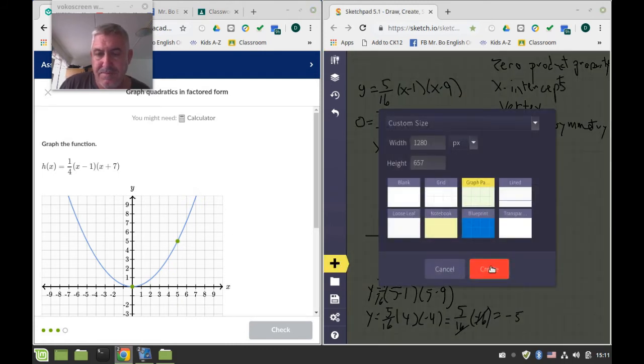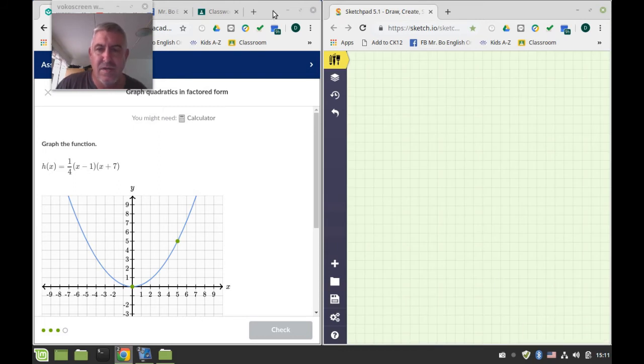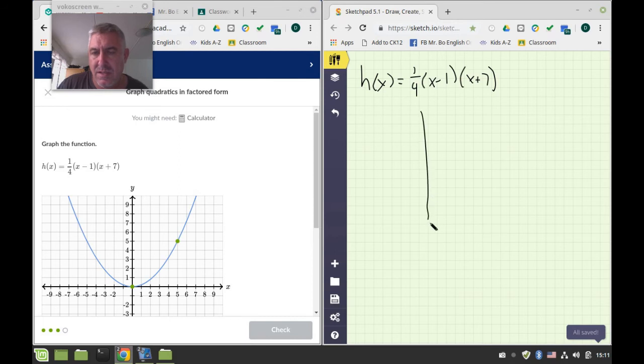Question number 2 here. Now we don't have a y function. Now we have an h function, h of x, but it's going to look the same way. The way to solve it is the same way. It's just function notation, right? (x minus 1) and (x plus 7). I want to find the x-intercepts, so I want to find out where y equals 0, or in this case where h of x is equal to 0.